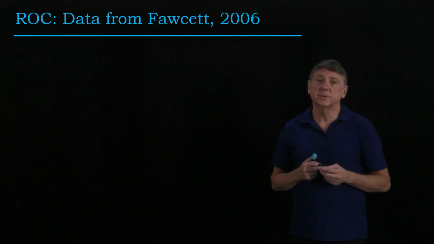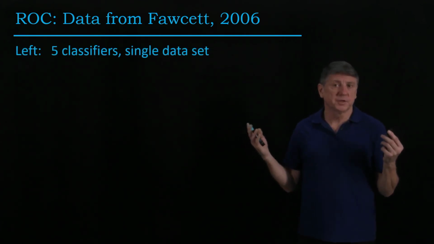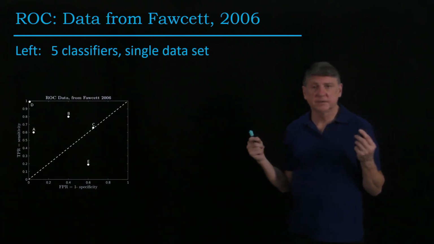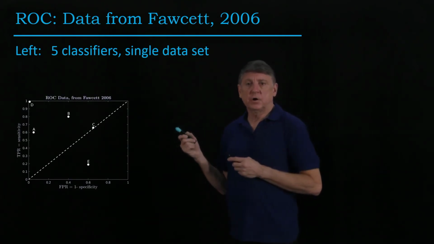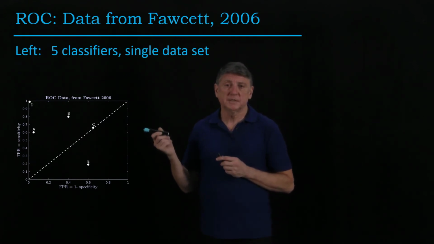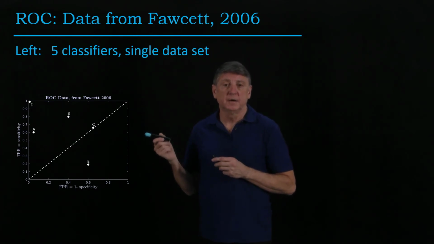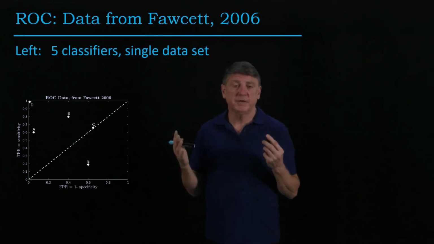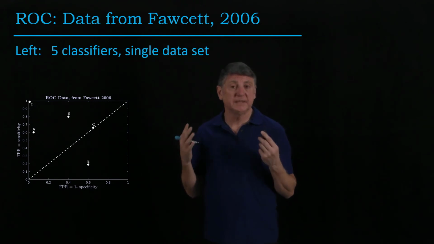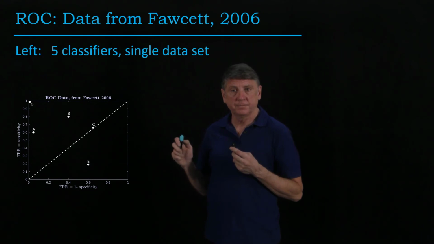Let's explore some data that I derived from an article that we refer to in the accompanying notes for this lecture. In this, the author supposed that there were 5 classifiers working on a single data set. These are ROC points. That is, each one of these points represents a false positive rate and true positive rate that are a confusion matrix from which we can completely compute a relative confusion matrix for the classifier.